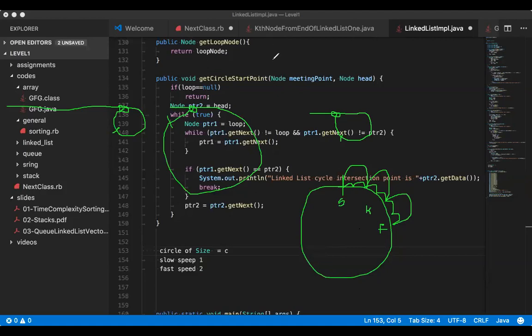Or let me make it opposite. What if slower has a lead? Slower is k steps ahead, and fast is starting. Where will they meet now?